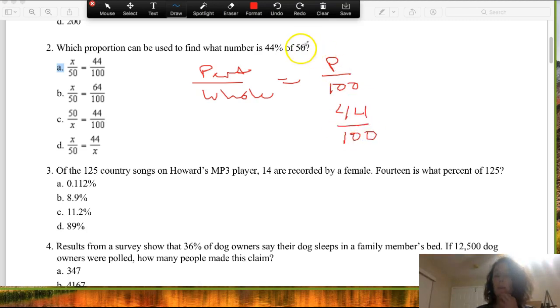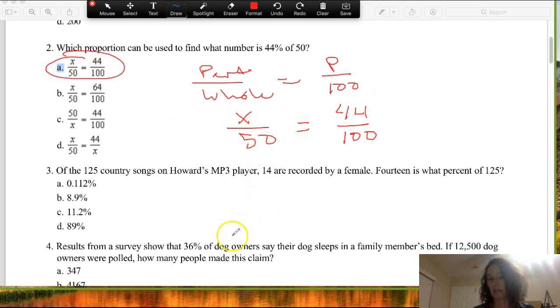And I want to know what number is 44%. So that's my part, and my whole is 50. So my part to my whole equals my percent out of 100. And this is how I'd set this up. So the answer would be A. And then I could cross multiply and solve.